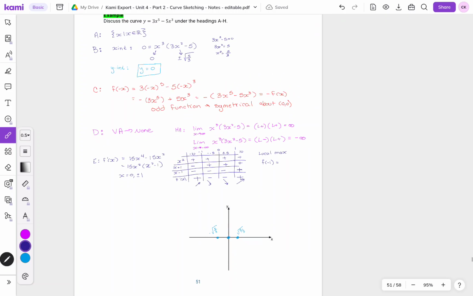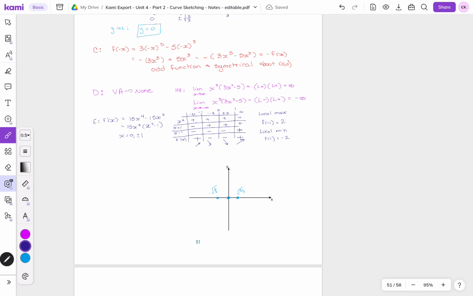Well, that's going to be negative 3 plus 5, so that's going to be 2. And we're going to have a local min at f at 1. Well, 3 minus 5, that's going to equal negative 2.